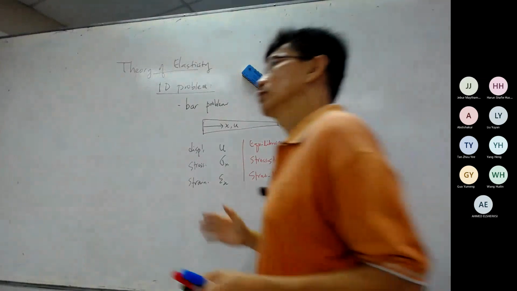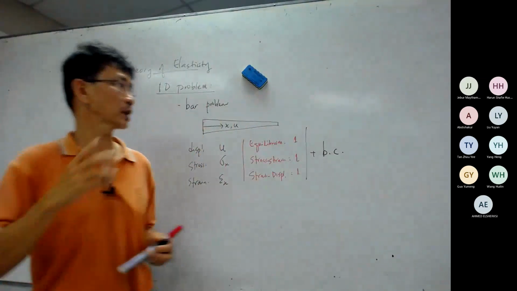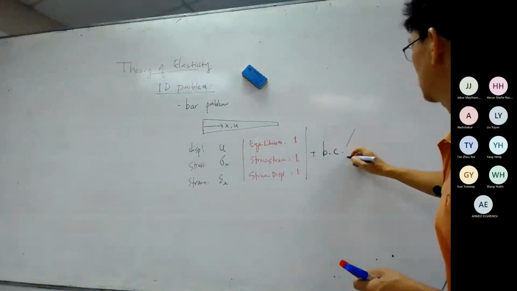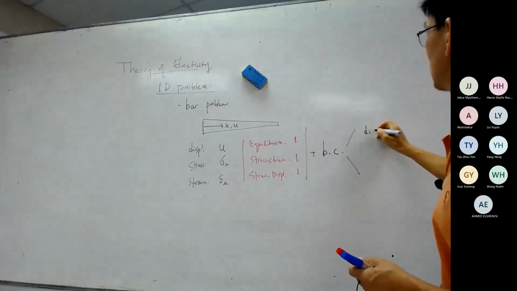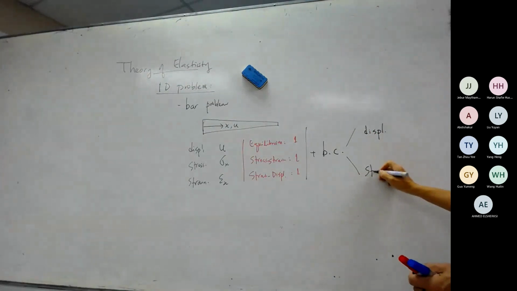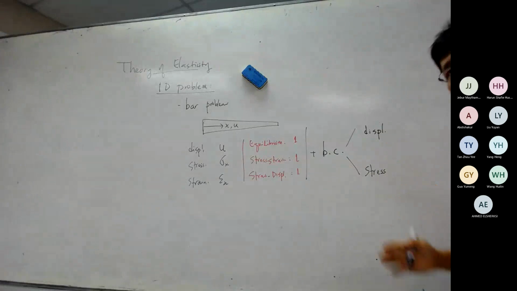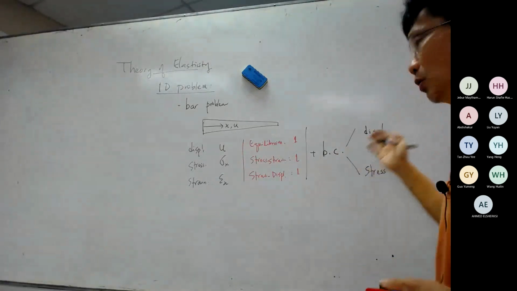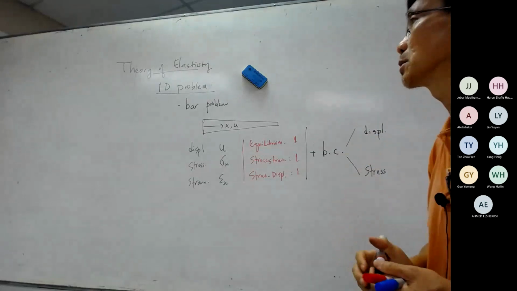So class, when we come to boundary conditions, remember there are two types. One is related to displacement, and the other is related to stress. They are also called geometric or kinematic boundary conditions, and natural boundary conditions.